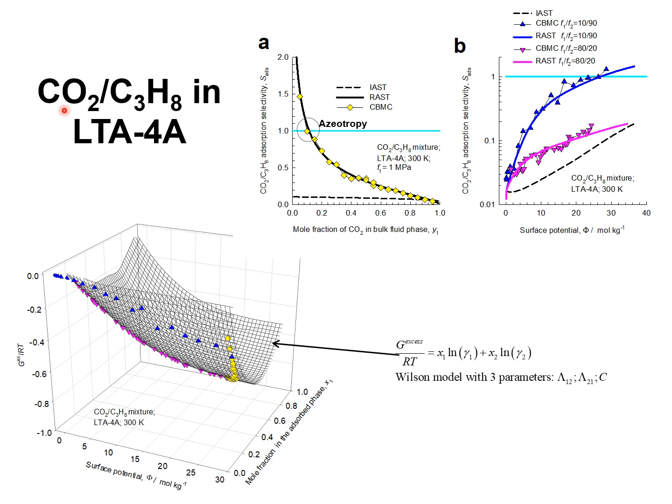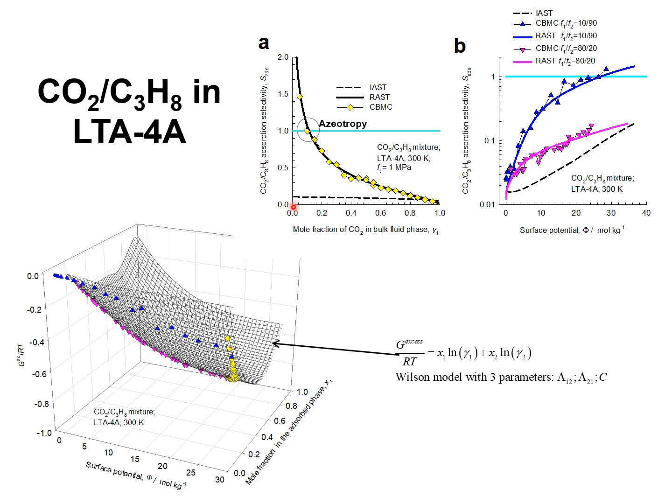For adsorption of binary mixtures of carbon dioxide and propane in cation-exchanged LTA-4A zeolite, the thermodynamic non-idealities are strong and cause selectivity reversals. For example, the CBMC simulations for CO2 propane mixtures at a total fugacity of 1 megapascal is plotted here.